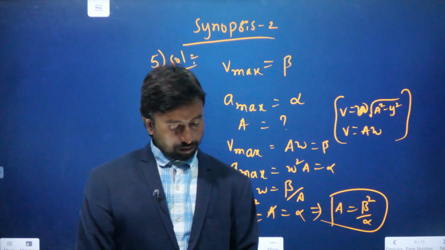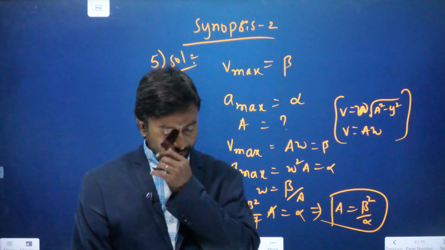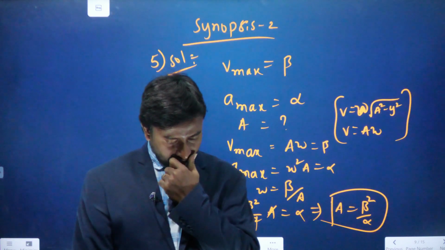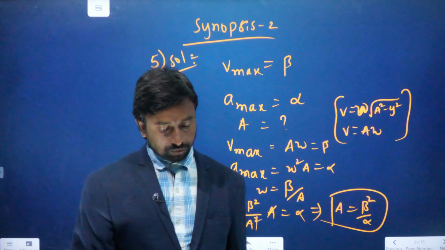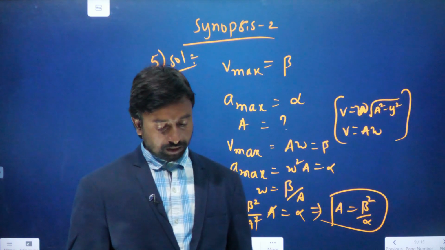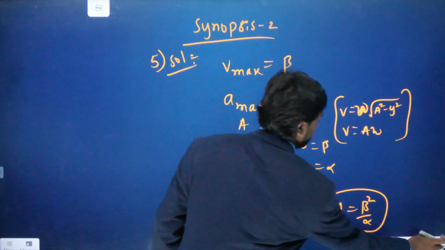Sixth one: the phase difference between velocity and acceleration of a simple harmonic oscillator. We will get it by using this equation.